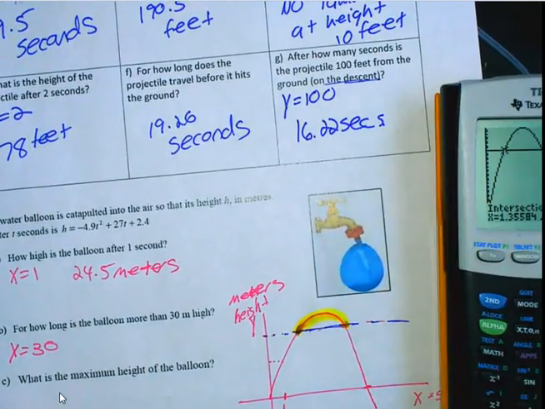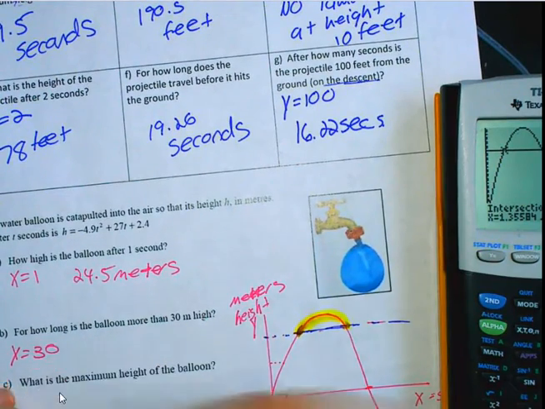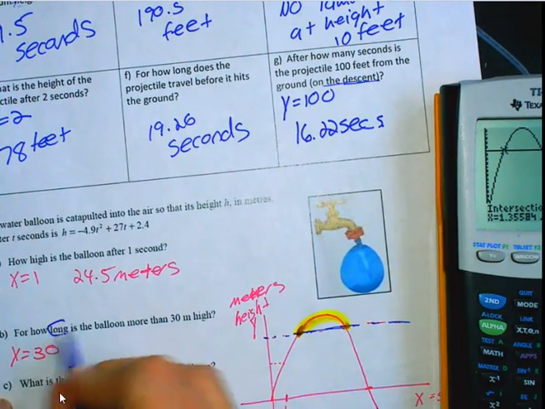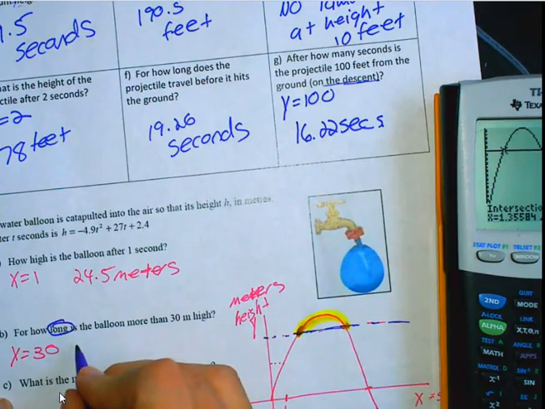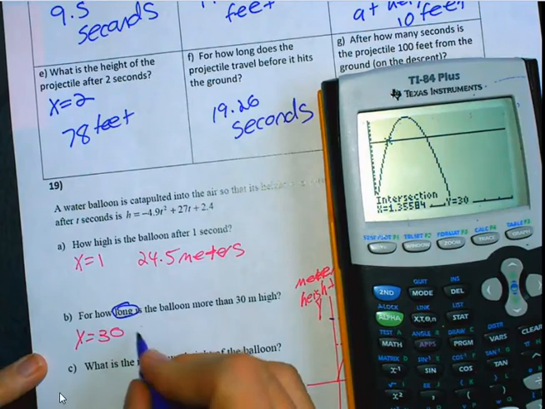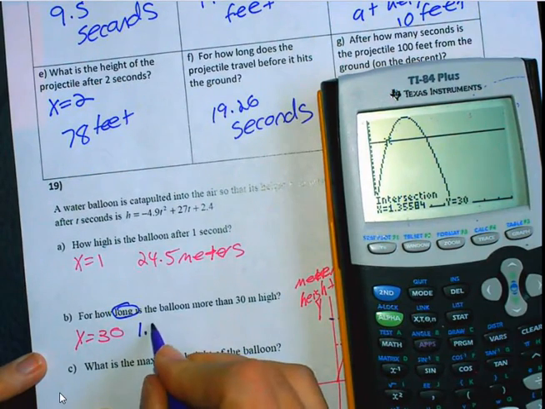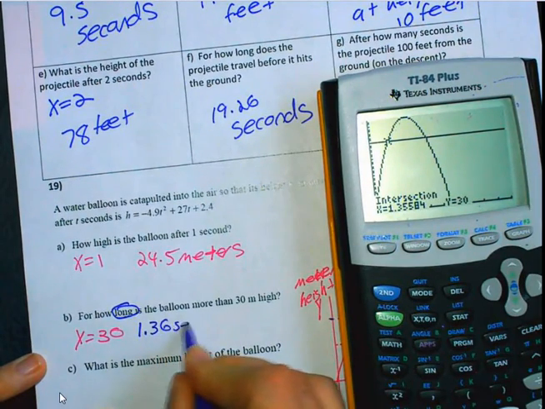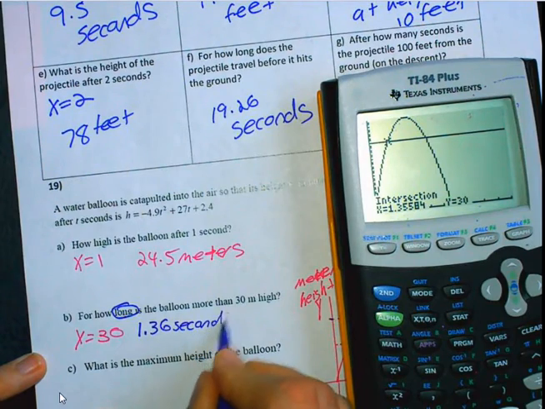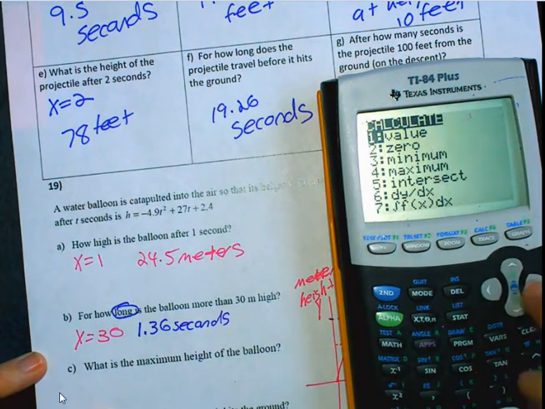So remember, I want to know how long, so how many seconds, so I'm only looking for my x values. So at 1.36 seconds, and then let's do my other intersection.